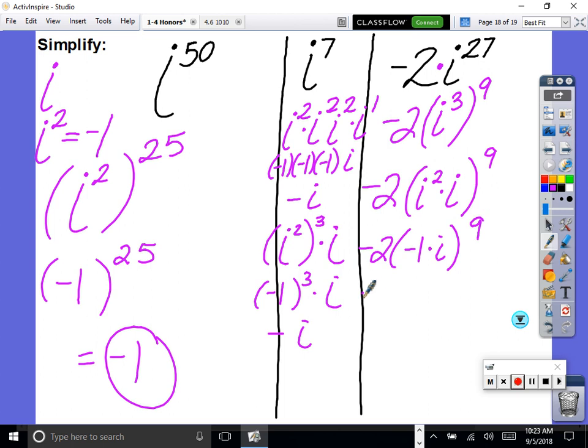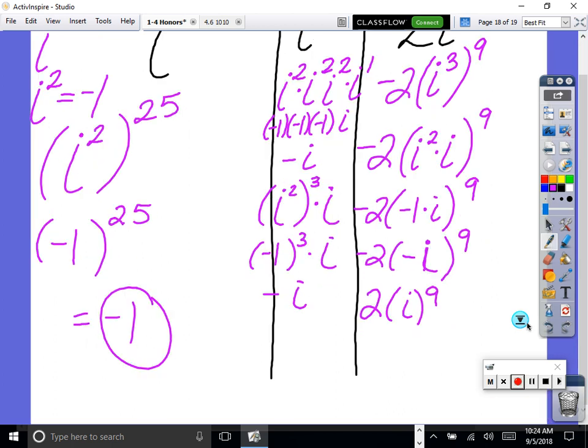So that's really -2 times -i to the 9th. We've got to keep going. First of all, a negative to the 9th power is a negative, true? Yes. So we definitely know we have a negative in front. We now have a negative times a negative, so it'd be positive 2i to the 9th.